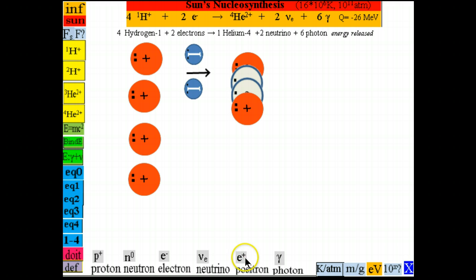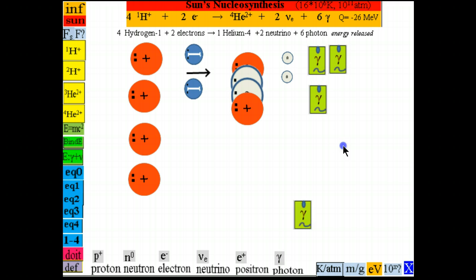Now we have to add 2 neutrinos, and we have to add 6 photons. Right? 3, 4, 6 photons.